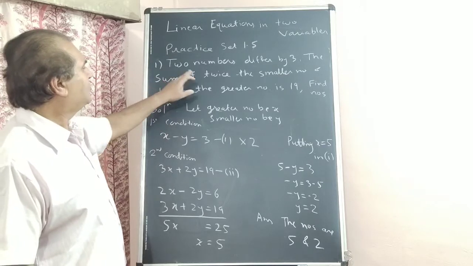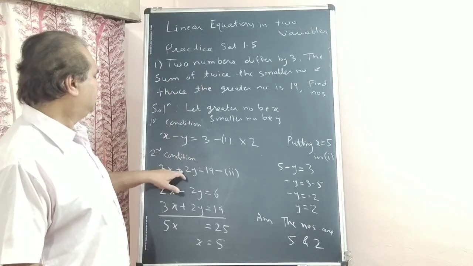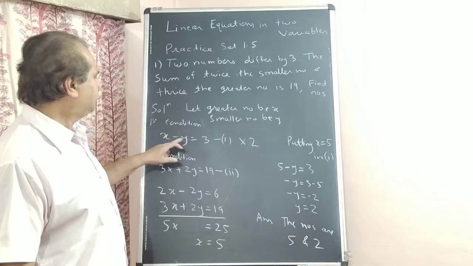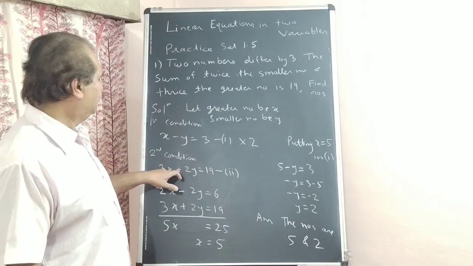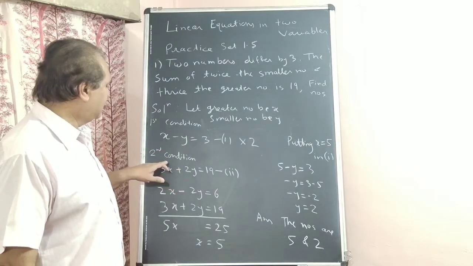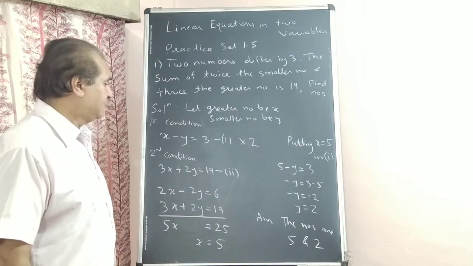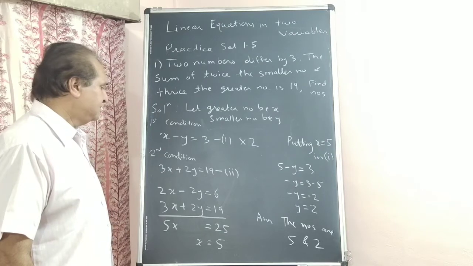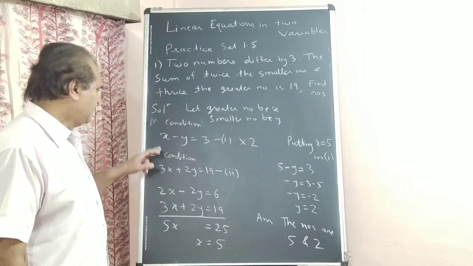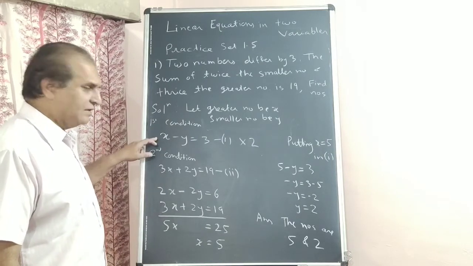The sum of twice the smaller, that is 2y, plus thrice the greater: 3x plus 2y equal to 19. First equation, second equation.